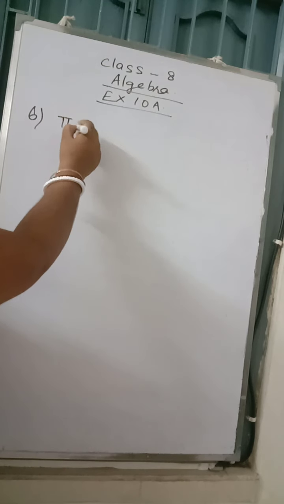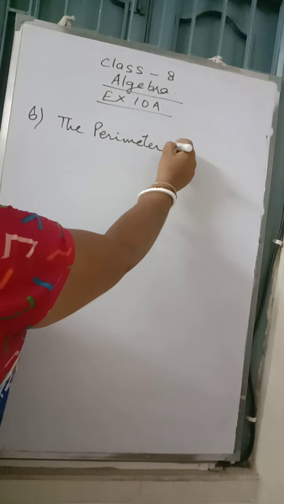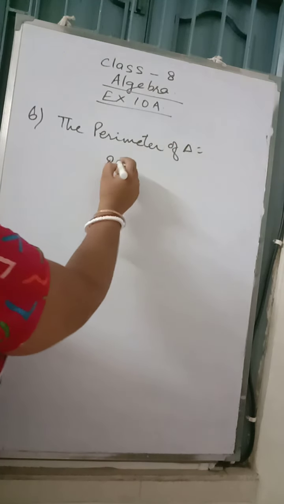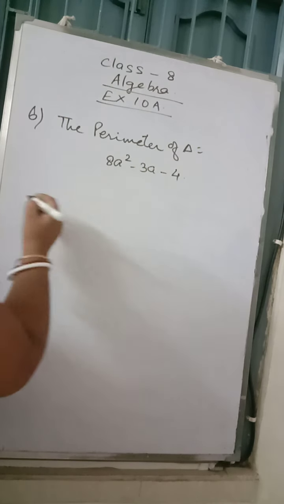Here it says the perimeter of the triangle is 8a square minus 3a minus 4.